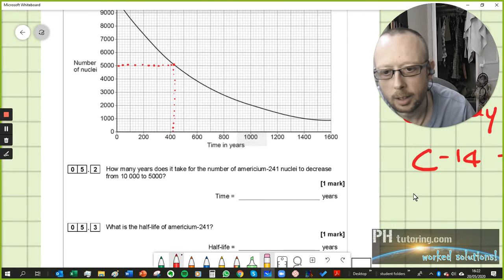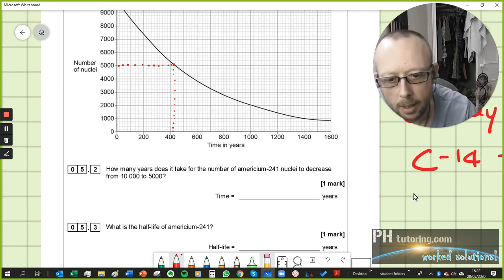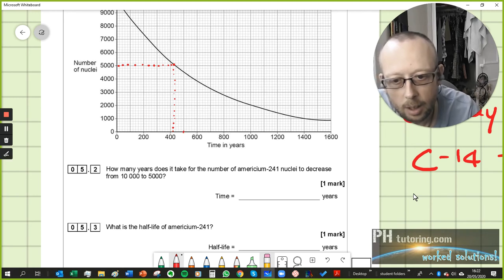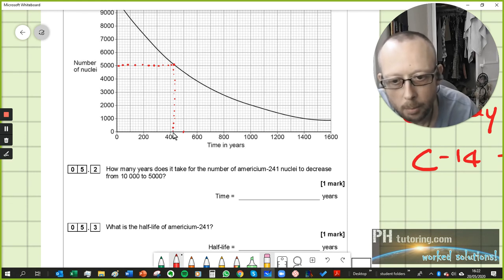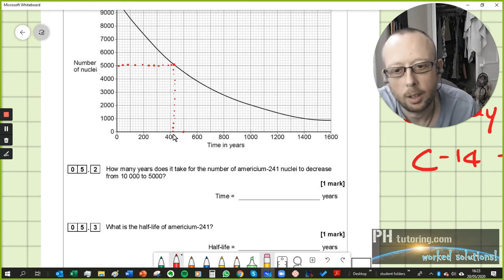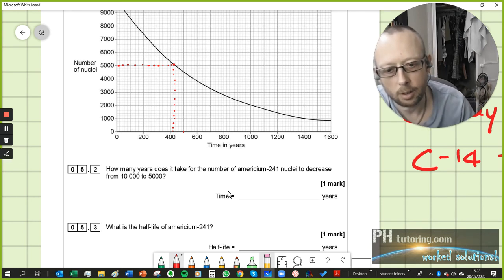I should have made these pictures bigger, but never mind. So this halfway line will be the 500, and then that's separated into five squares in between. So I use my mouse here. Between there and there is separated into 5 squares, so that would presumably be on the first square. So if that represents 100, then 1/5 of 100 would be 20. So the answer is 420.